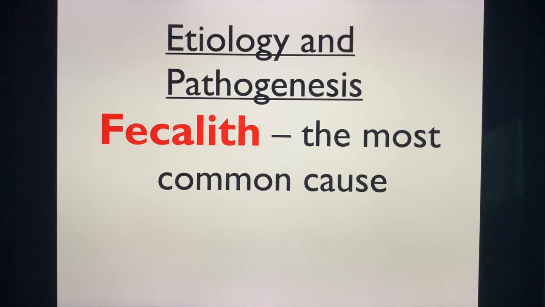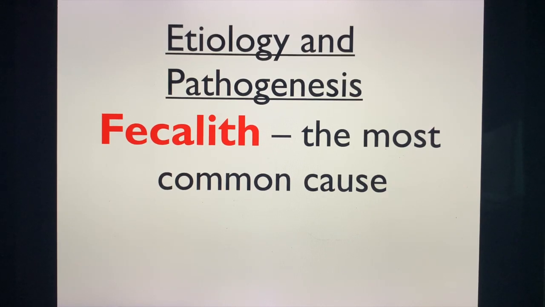Now for the etiology and pathogenesis, the most common cause of appendicitis is a fecalith. So it's the fecalith which causes the obstruction. Now other causes of appendicitis can be: one, lymphadenitis, especially mesenteric lymphadenitis, which is common in children.